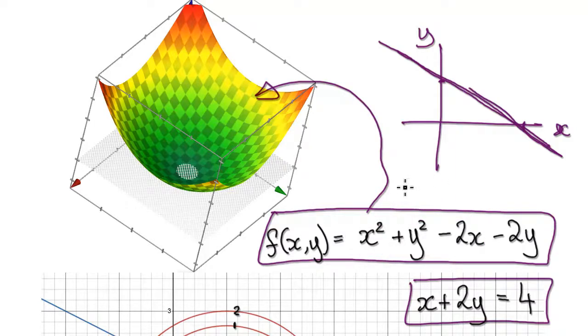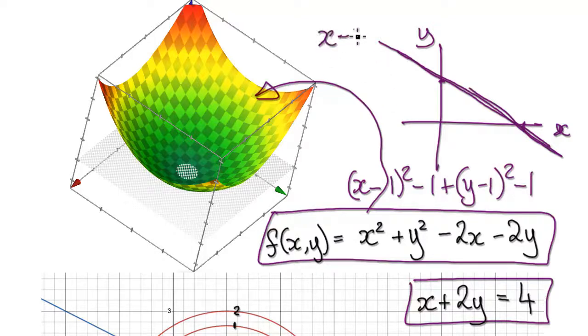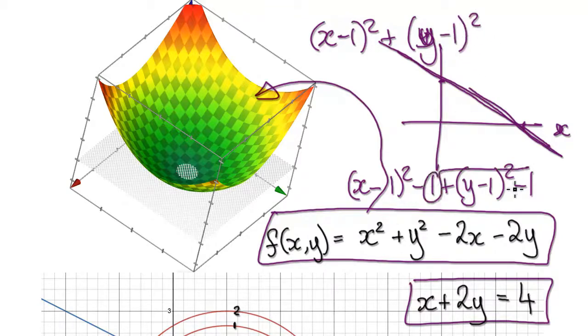So that would be x minus 1 squared minus 1, and then looking at this, complete the square on this, y minus 1 squared minus 1. So really that becomes x minus 1 squared plus y minus 1 squared, and then minus 2.